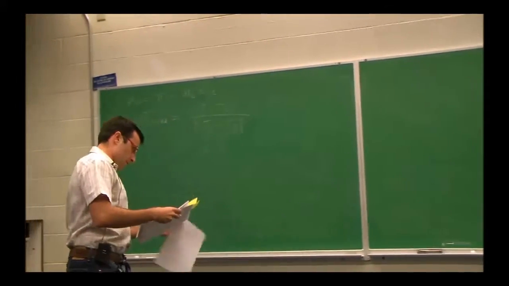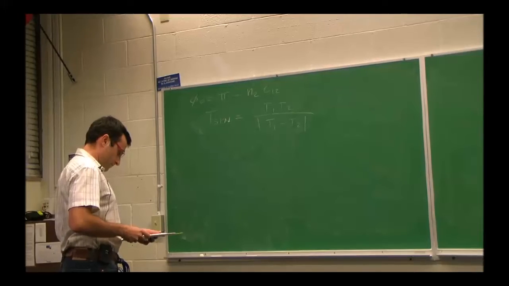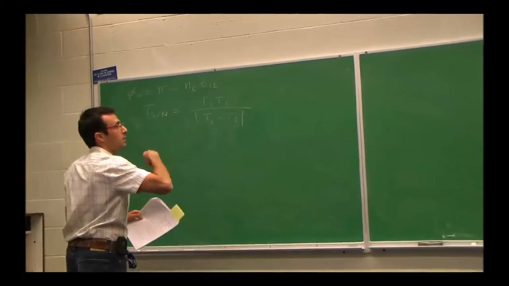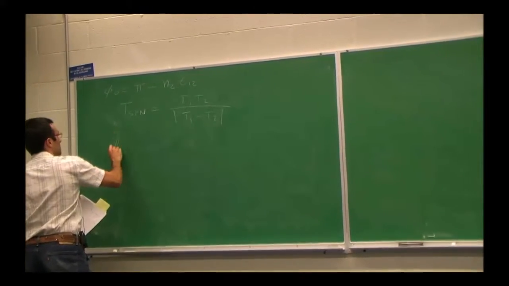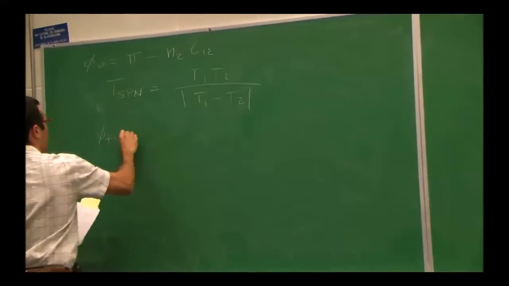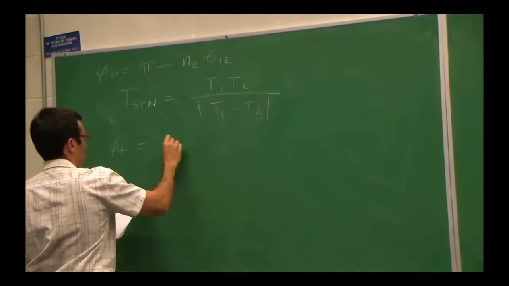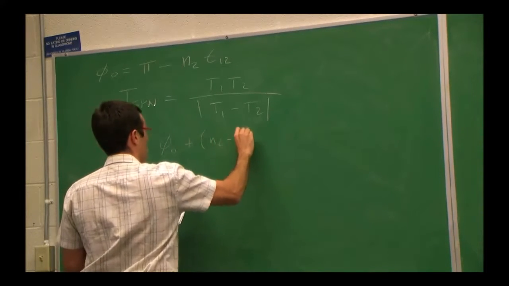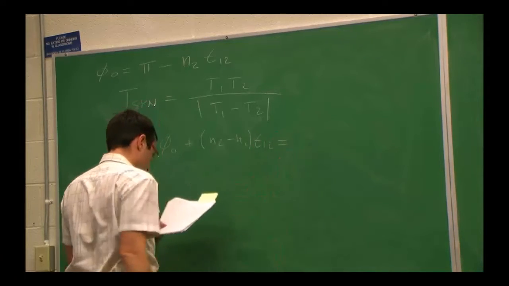What else did we say? Okay, we said, well, at the end of this transfer flight on the green trajectory, the phase angle, which we called phase angle final, is going to be phi0 plus (n2 minus n1) T12, and I'm going to repeat the steps.